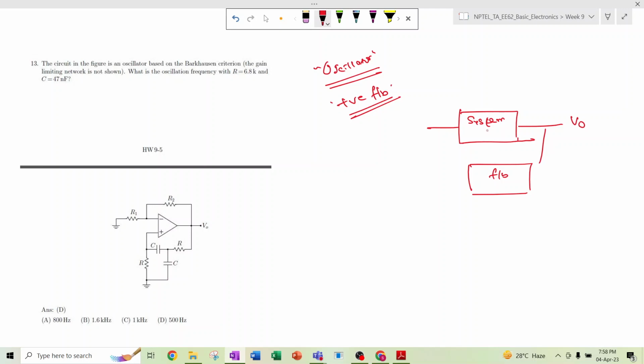So the gain is A and the feedback gain is B. So this is the VI, that is the input, and then we are adding some part of the output to this.